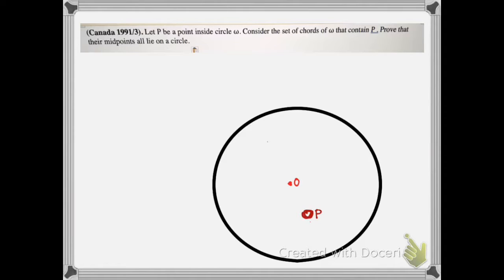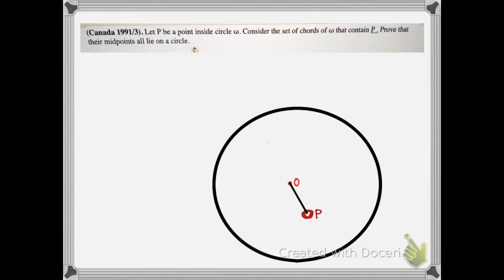So let's suppose that we have such a chord, and we know from the perpendicular bisector theorem that since P is the midpoint, then OP is going to be at 90 degrees, right? So we can do this the other way around. We can start with OP, and we know that there's going to be a perpendicular line, of course.